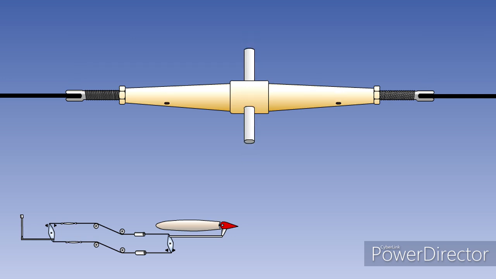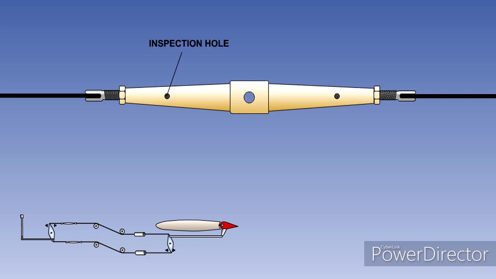The cable tension is adjusted by rotating the central barrel, causing the end fittings to screw either into or out of it. Sufficient screw thread must be engaged between the end fittings and the central barrel of the turnbuckle to take the load which will be placed on the cable. To enable this to be checked, inspection holes are provided in the turnbuckle.